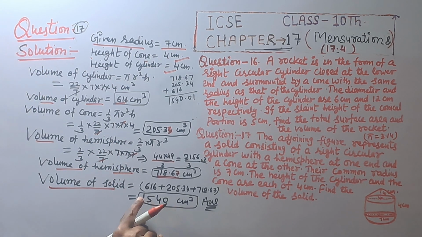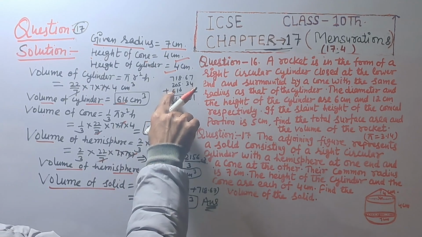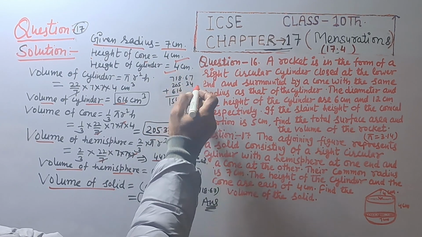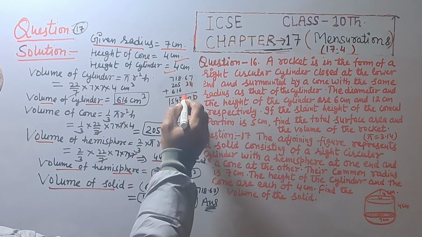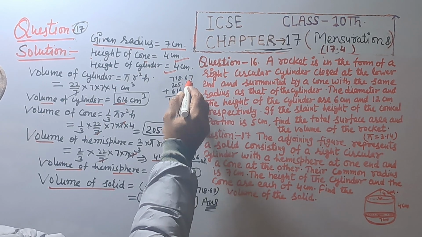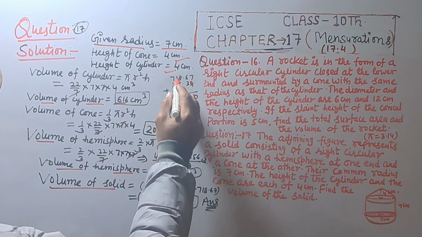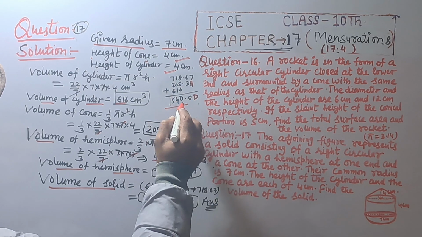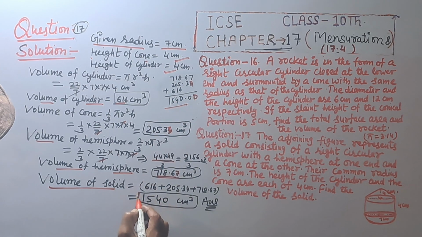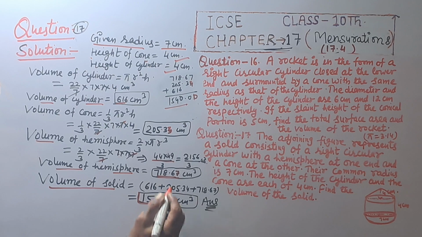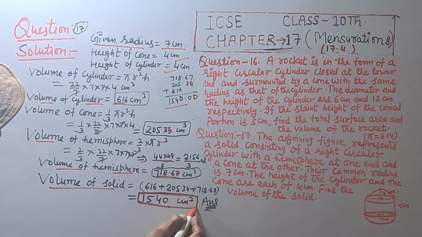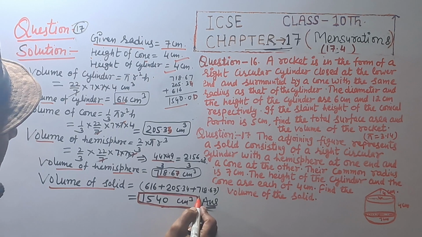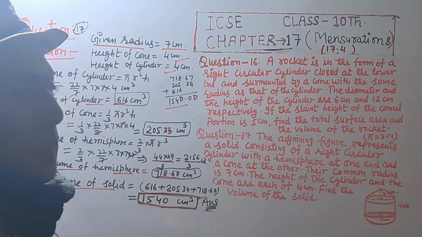Then we get 616 plus 205.3334 plus 718.67, that is equal to 1540 approx, that is 1540.01 or 1540 centimeter cube. Answer. Thank you.